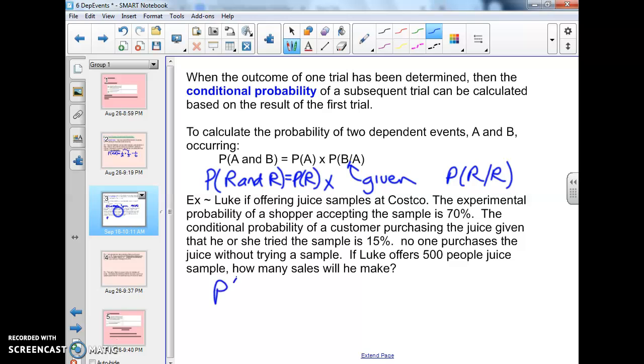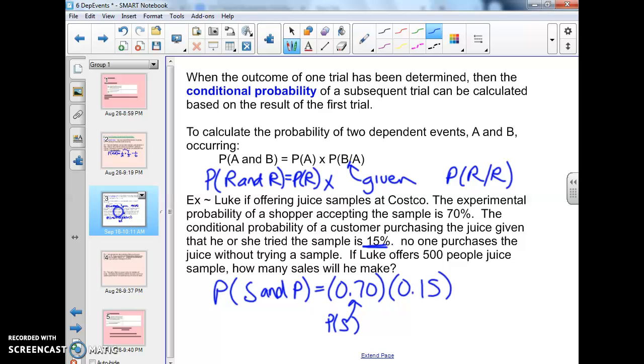So the probability that they sample the juice and purchase the juice: we have this probability of a sample is 70% or 0.7. The conditional probability, the probability that they purchased the juice given that they tried the sample, is 0.15. So this is my P(S). This is my P(purchase given S), given that they tried the sample.